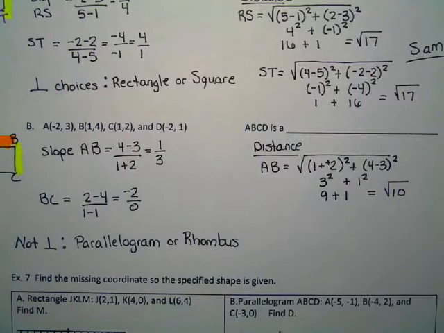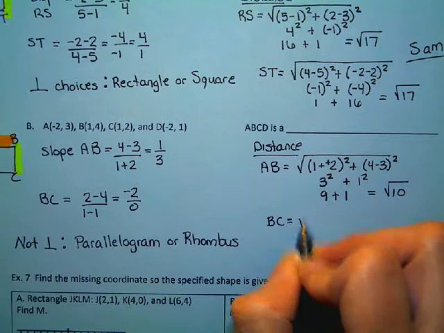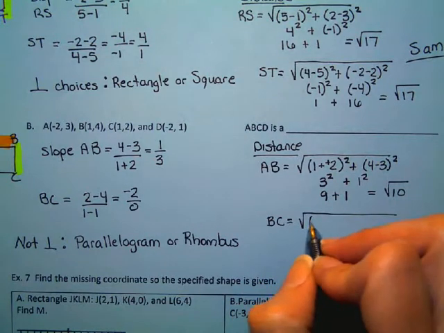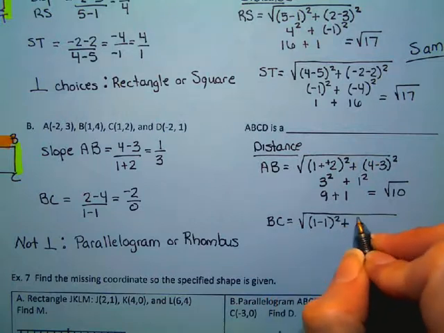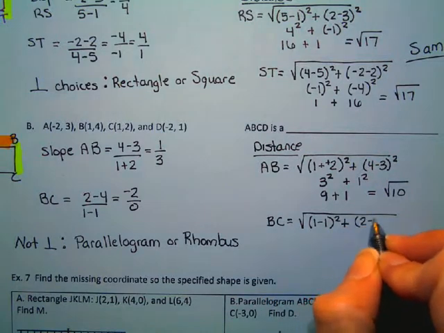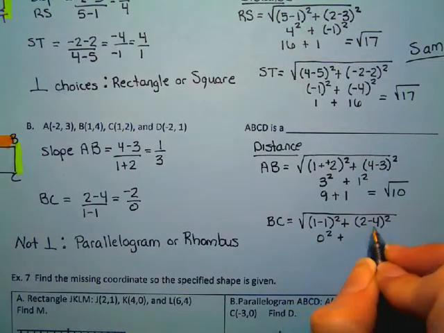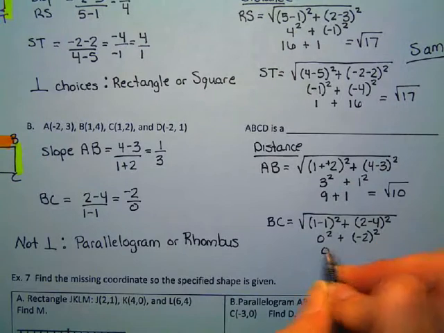BC, distance formula. 1 minus 1 squared plus 2 minus 4 squared. -2 squared. 0 plus 4 equals square root of 4. Those are definitely not the same.